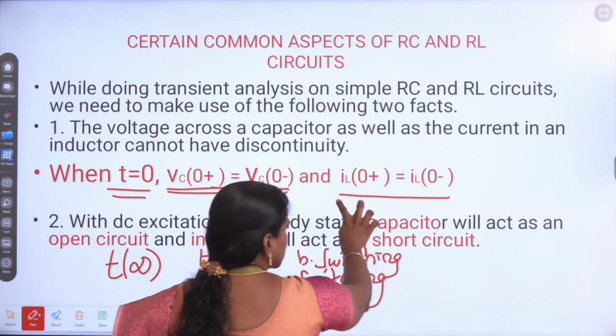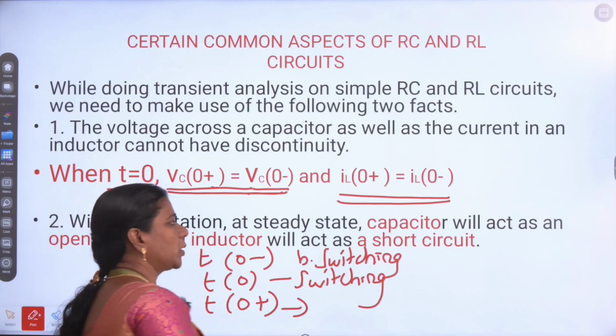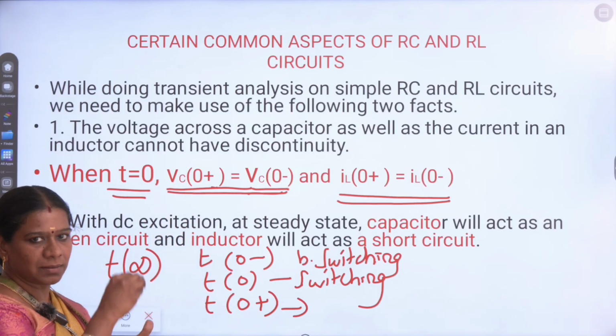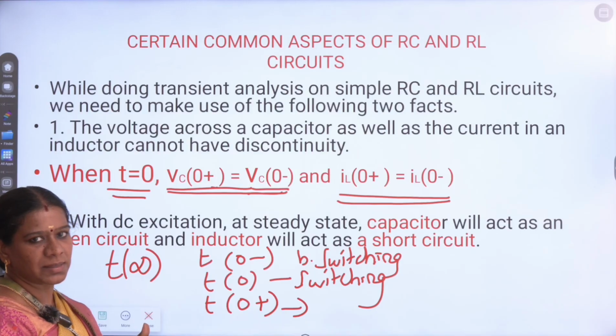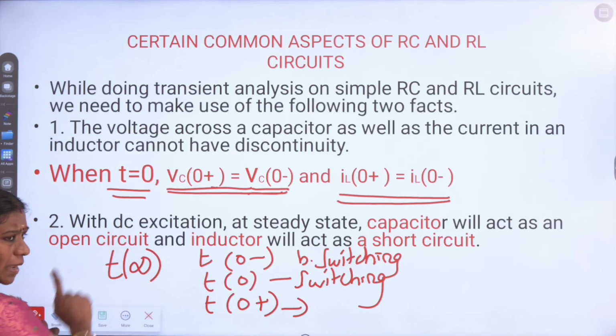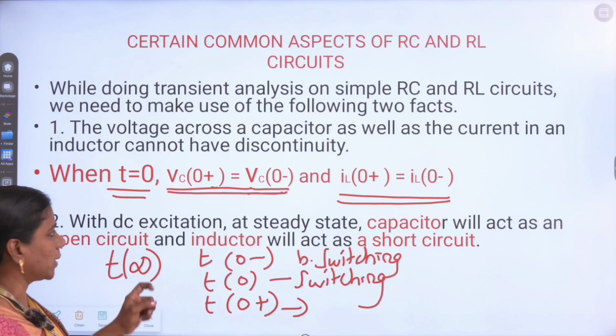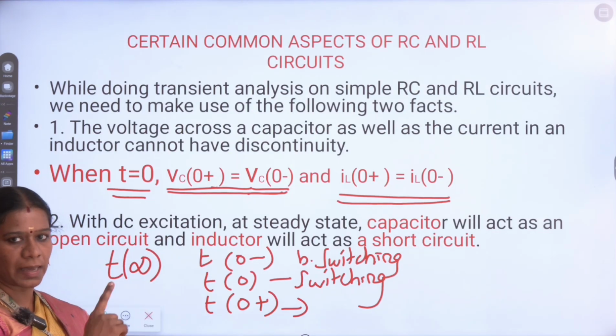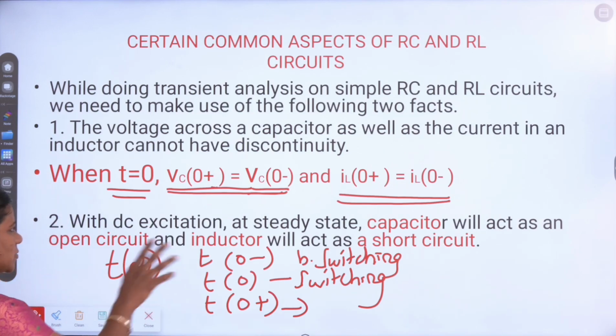So the initial condition of the inductor is IL of 0 minus equal to IL of 0 plus. If there is any current in the inductor, that should also be considered for the response after switching. That is the meaning of the initial conditions of voltage across the capacitor and current through the inductor. This is very important.